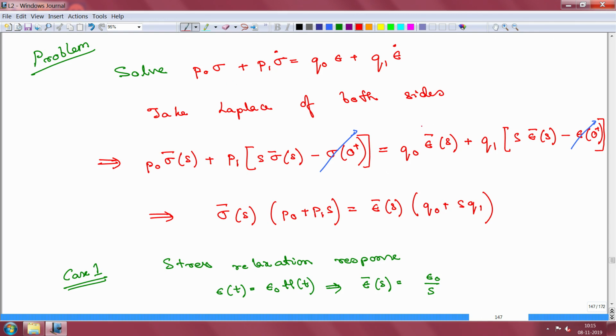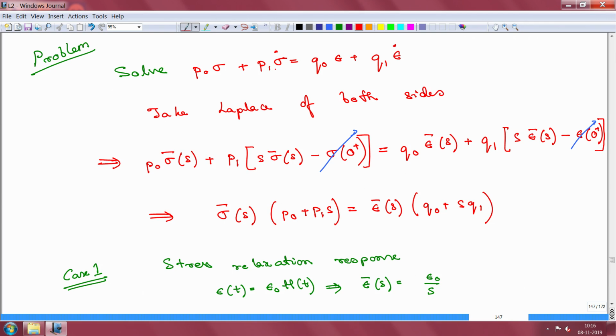When you take the Laplace of both sides, the initial conditions were such that they cancelled out, so the whole system becomes such that you are basically taking the Laplace of this equation without having to consider the initial conditions. It is almost equivalent to that.